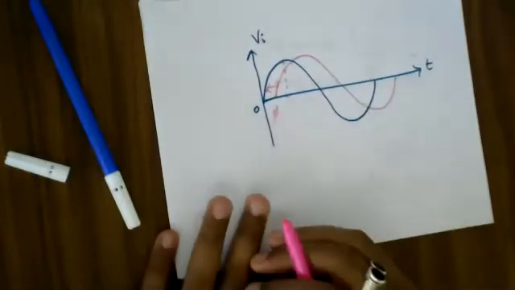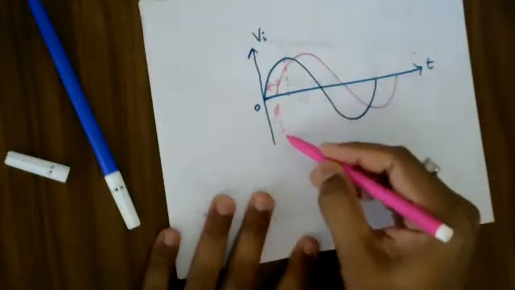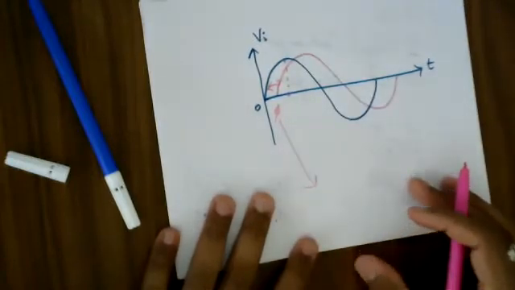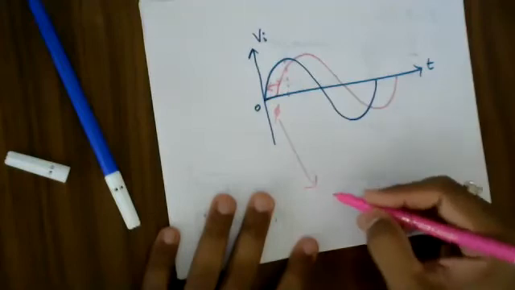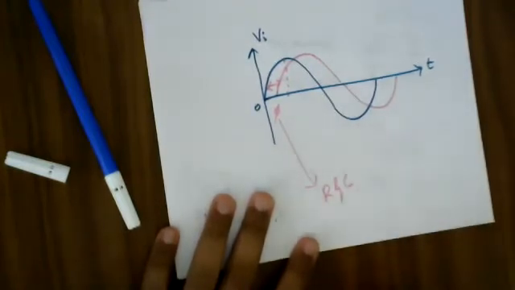The only thing I need to understand in my feedback circuit is that this angle phi is simply controlled by two components, R and C.